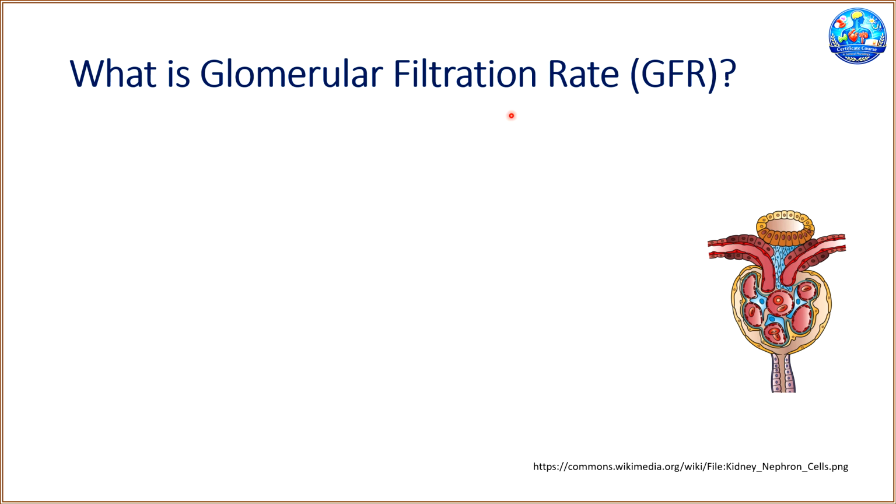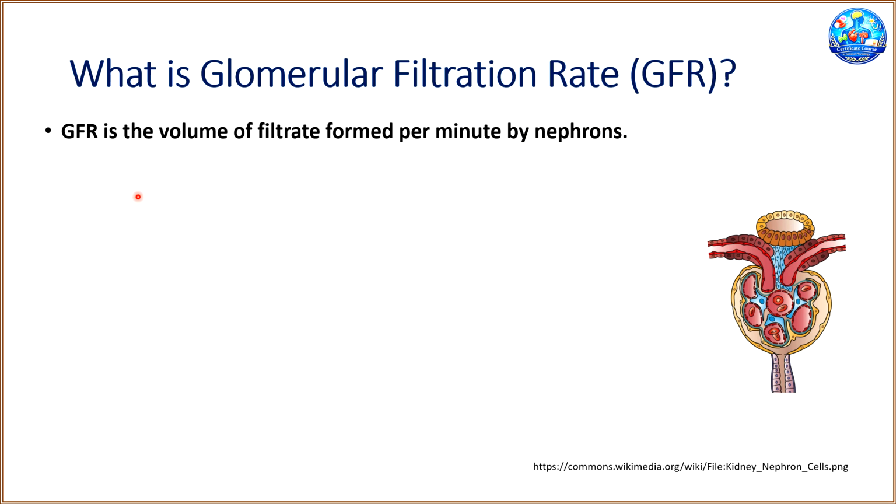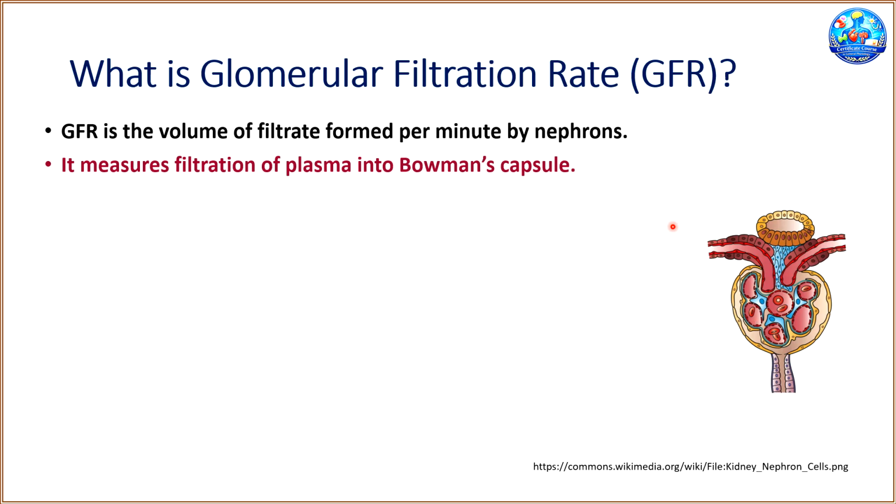Let us know about glomerular filtration rate. Glomerular filtration rate is defined as the volume of filtrate that is formed per minute by a nephron. This measures how much filtrate is formed from the plasma into the Bowman's capsule.